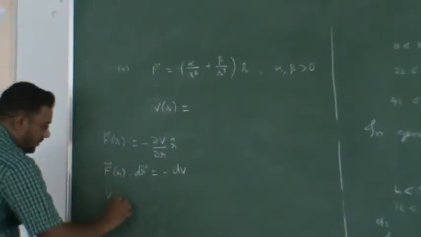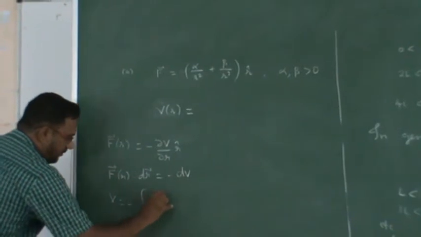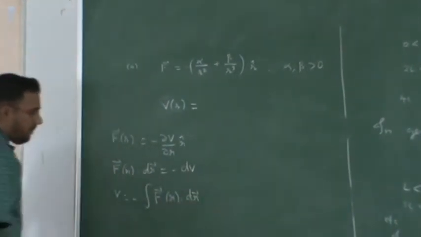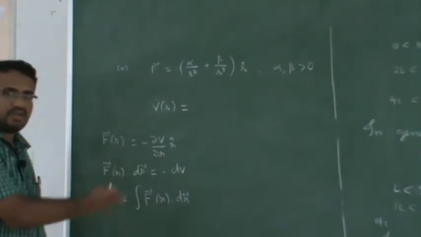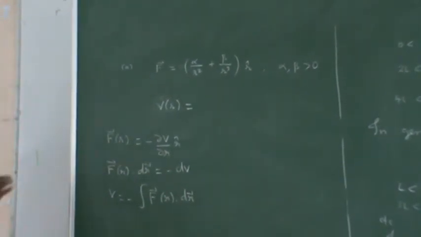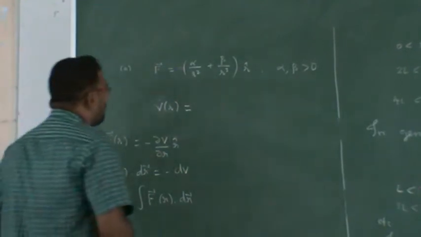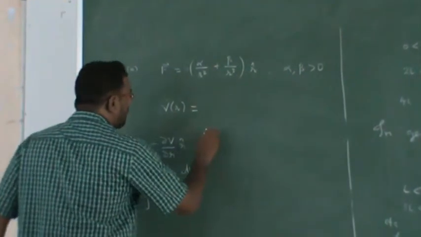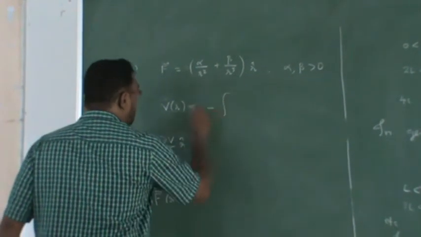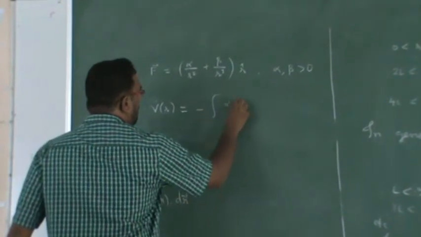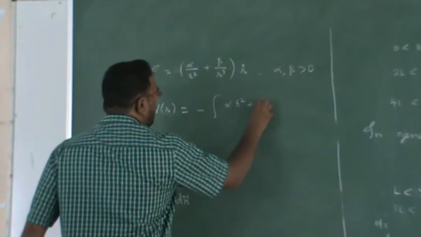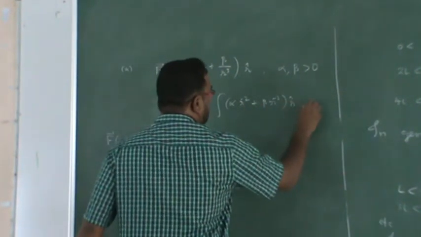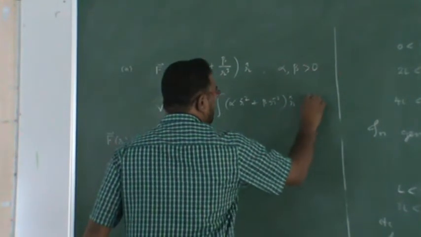So V is equal to minus integral F of r dot dr. Using this formula, we have to compute the potential. So this is minus integral of alpha r power minus 2 plus beta r power minus 3, r cap dot r cap dr.